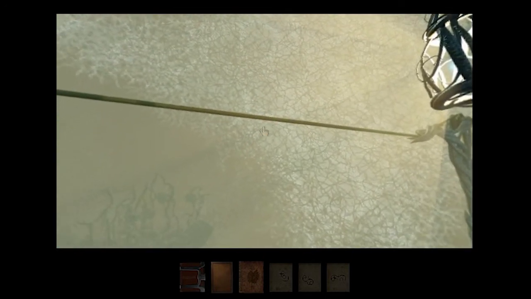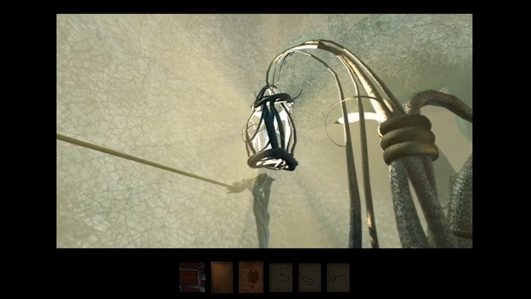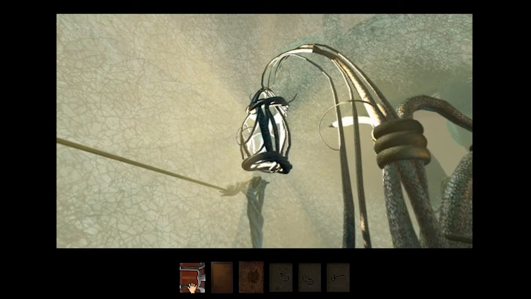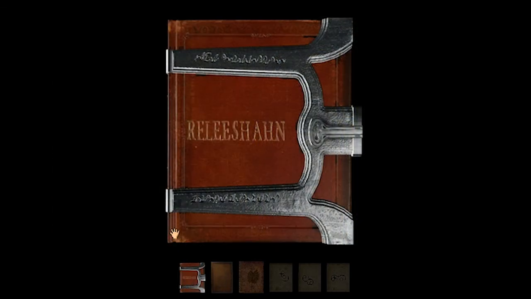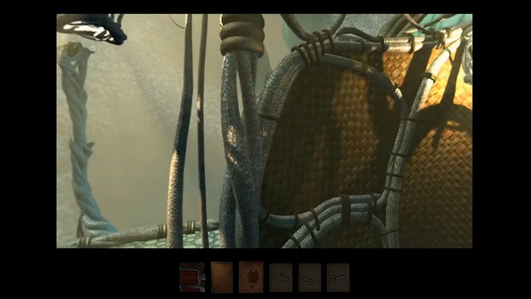And now the shield is down, so... Ah, it's locked. Yeah, so you can't just port to Releeshan without ever giving it back to Atrus.